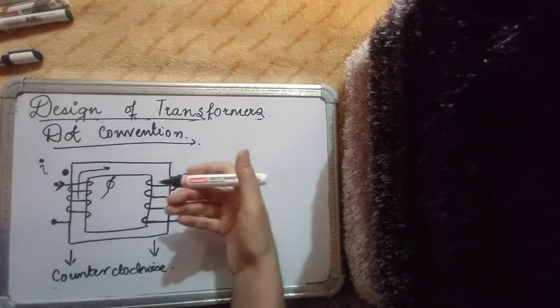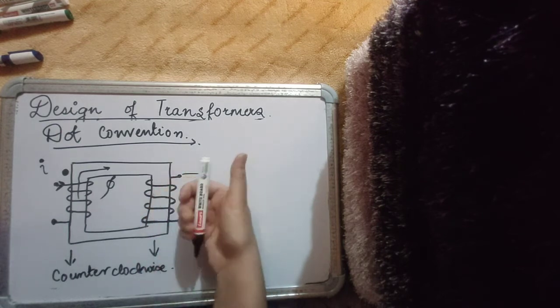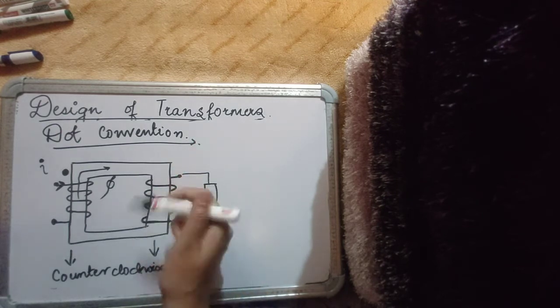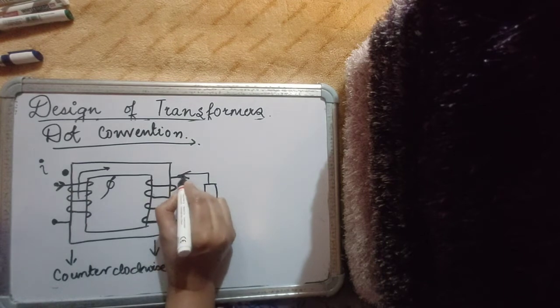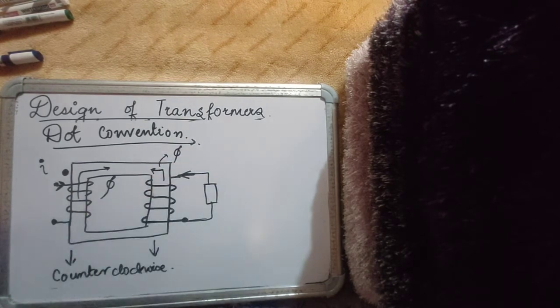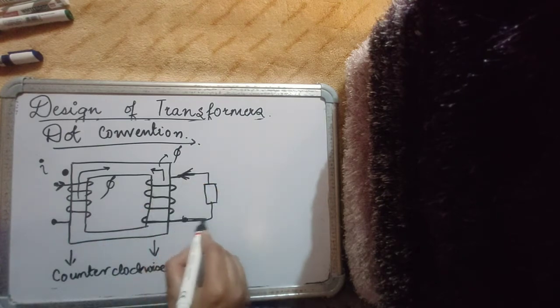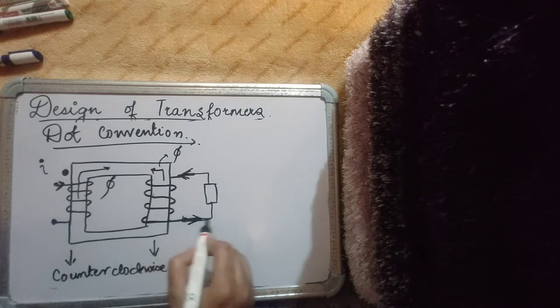So if I look at how I have wound it, this is my core, then I have wound it like this. So I want the current to flow like this so that it opposes the change in flux, right? Which means current is going from here and coming out of here, right?